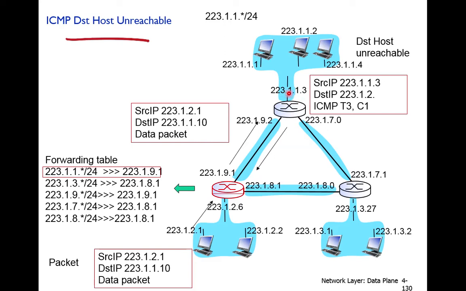This message was discarded because there was no destination host with the IP address 223.1.10. The message reached the destination network with the address 223.1.1, but the host part .10 is not available here. So that's why the router discarded the message. But in the previous case, the packet didn't even reach the destination network.